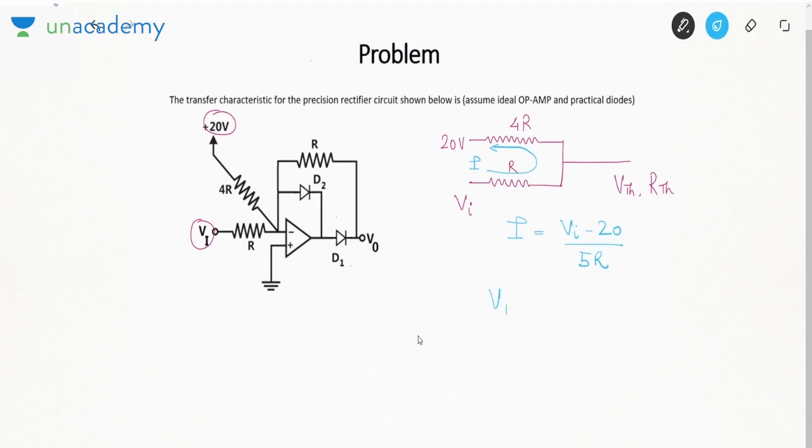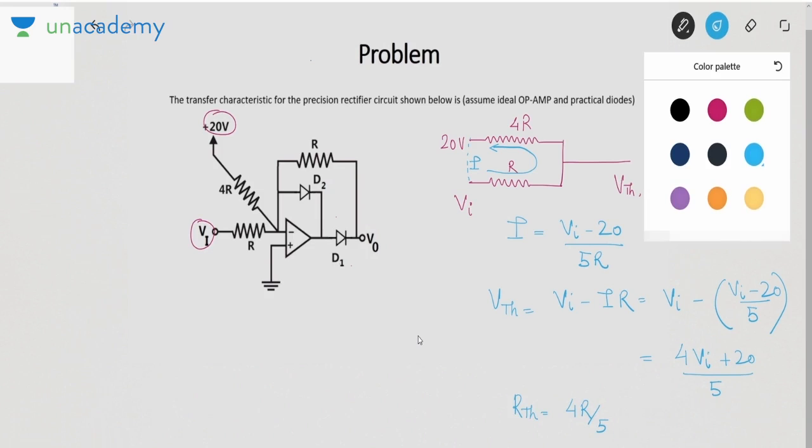So what about VTH? It is Vi minus IR, so Vi minus (Vi minus 20) by 5, that is 4Vi plus 20 by 5. That is VTH. What about RTH? For RTH, you will short circuit the two sources. 4R and R will come in parallel, so RTH will be 4R by 5.